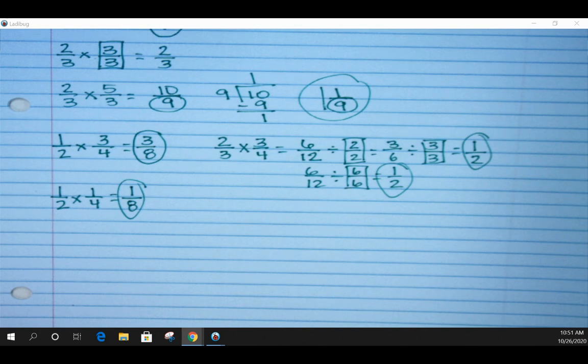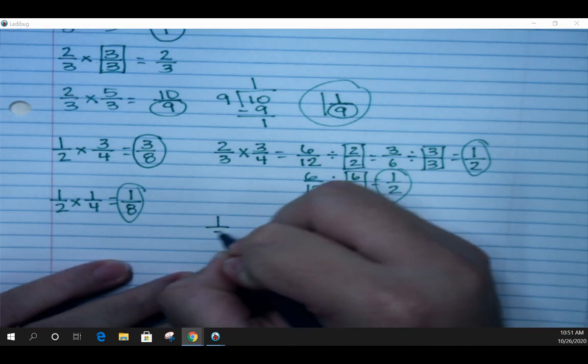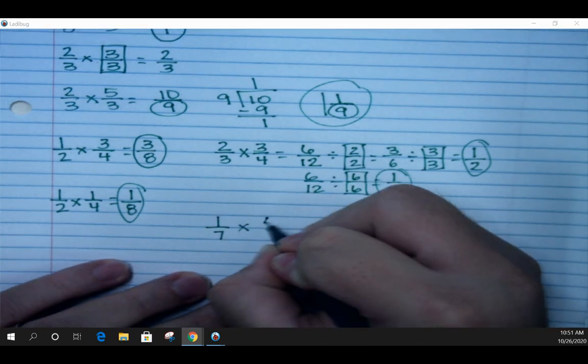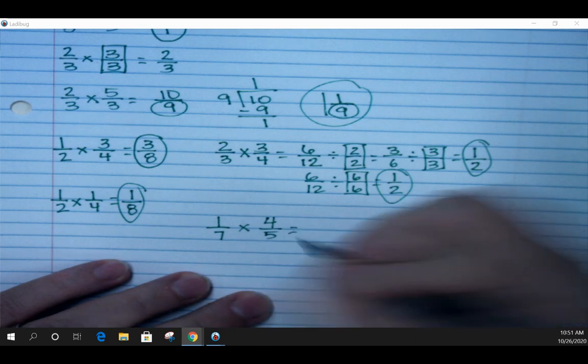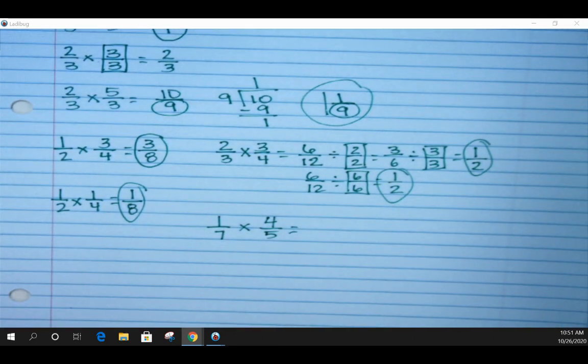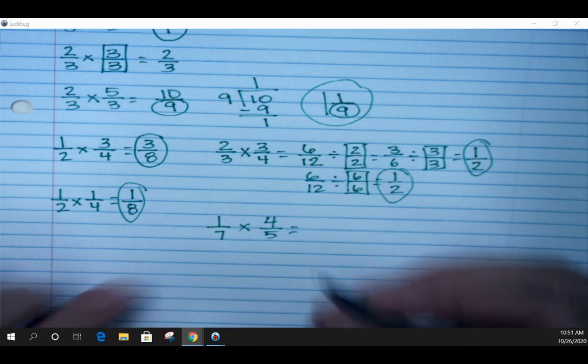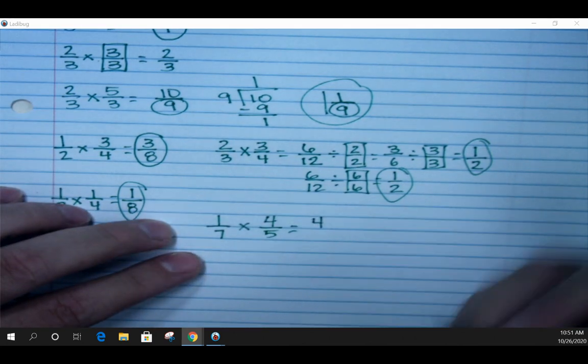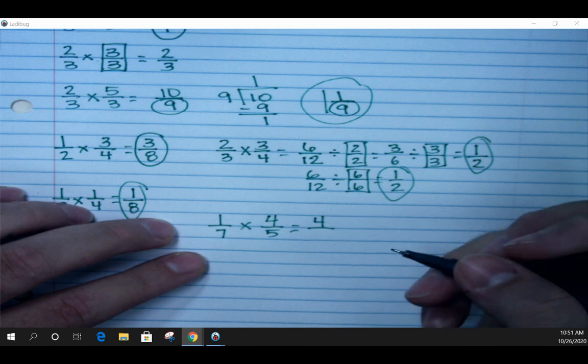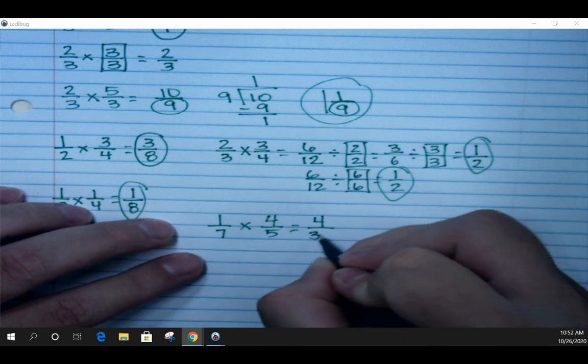Now, might you sometimes see 1/7 times 4/5? You might. How do you do it? 1 times 4 is 4. 7 times 5 is 35. And you're done.